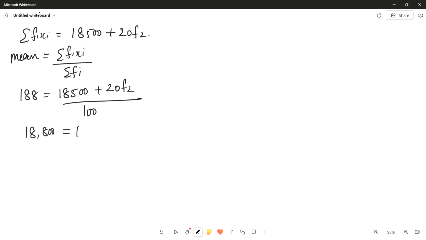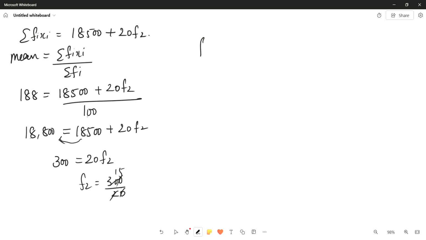That is equal to 18,500 plus 20 F2. Transpose here, you will get 18,800 minus 18,500, 300. That is equal to 20 F2. Now F2 is equal to 300 by 20. So F2 you are getting 15.